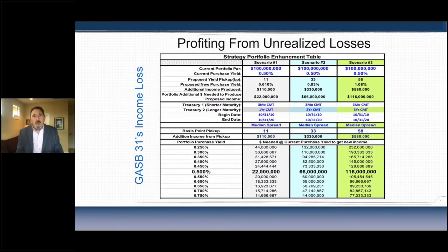Now, to just quantify for you the opportunity cost of a short portfolio, I put together this table that looks at 3 different choices, comparing cash to a 1-year, 2-year, and 3-year CMT, which is the constant maturity treasury. What makes this unique is, unlike other benchmarks, it doesn't consider unrealized gains or losses.